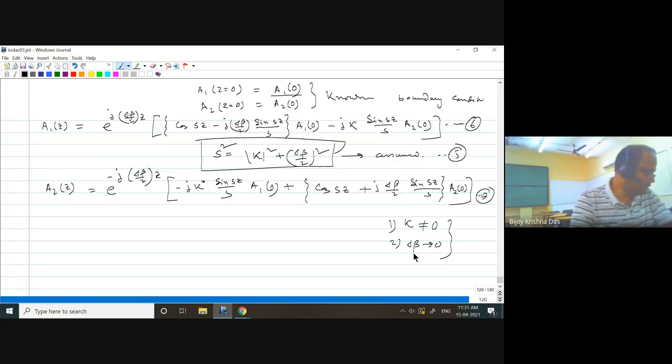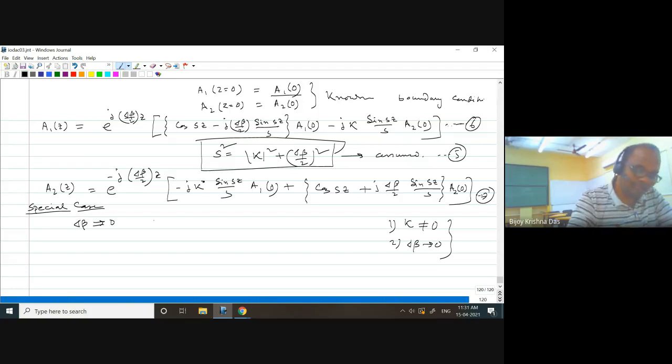Now let us try to see. First, let us consider delta beta perfectly equal to 0. I'm just considering a special case to give you an idea that this is a really usable equation.